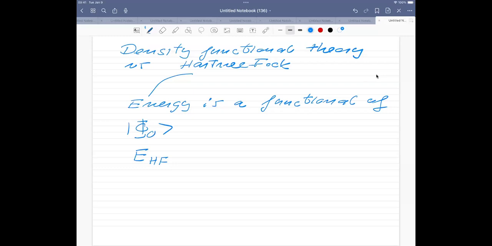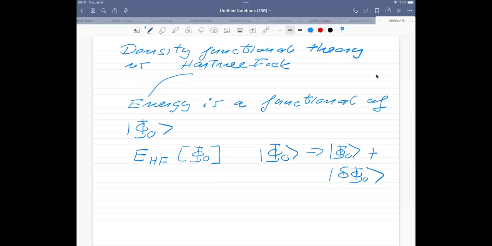So in principle, what we did with variational calculus was to vary this wave function, and the wave function was varied so that we had a function which contained some admixtures, which we call delta phi zero. And this delta phi zero was obtained starting with a Slater determinant and varying the single particle wave functions.